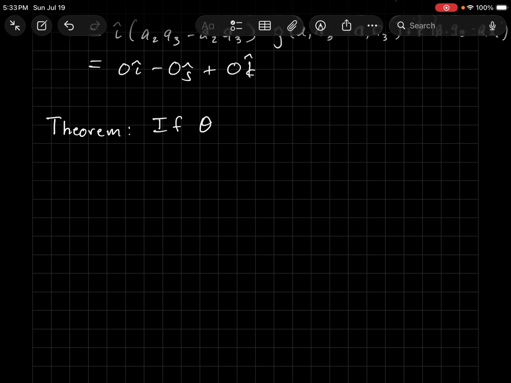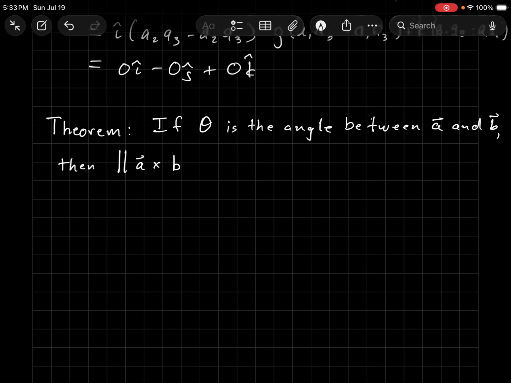So let theta be the angle between two vectors A and B. Then the magnitude of A cross B equals the magnitude of A times the magnitude of B times the sine of the angle between them. So once again, the proof is pretty messy and pretty involved algebraically.